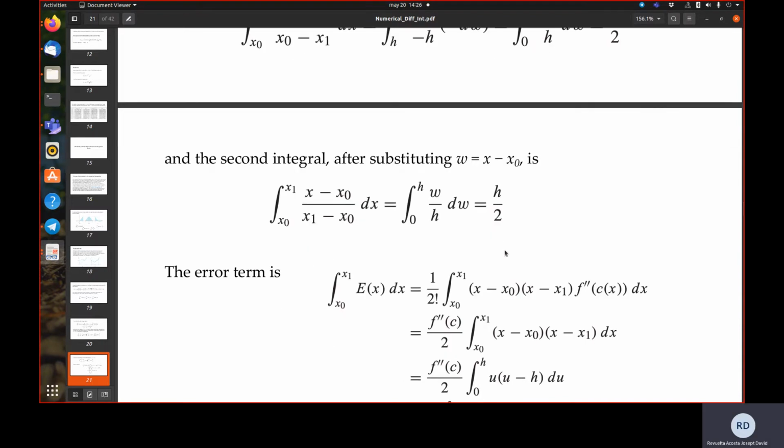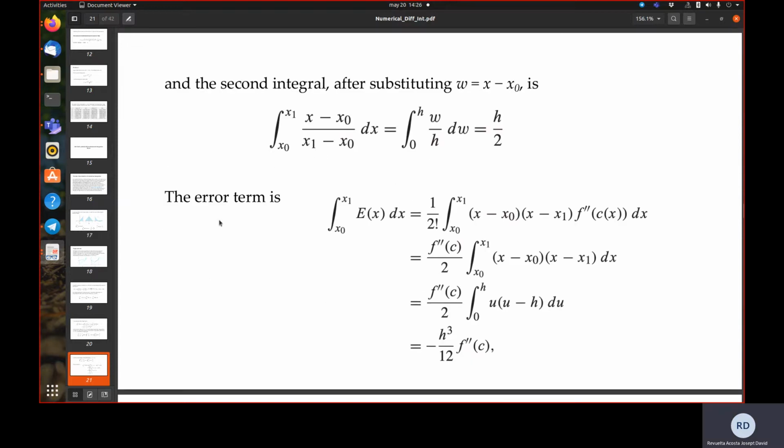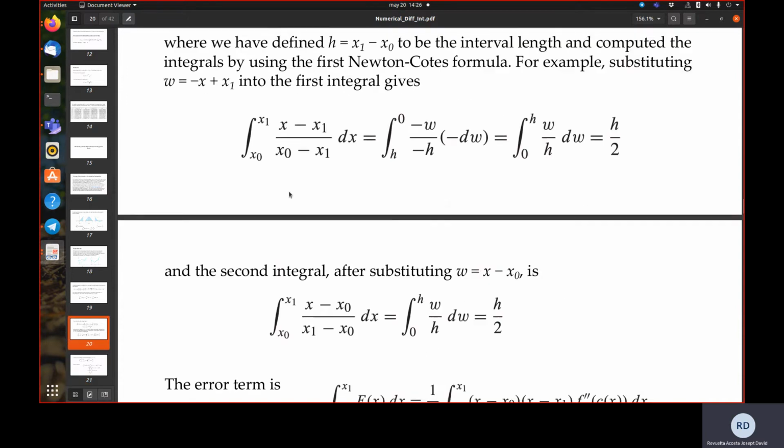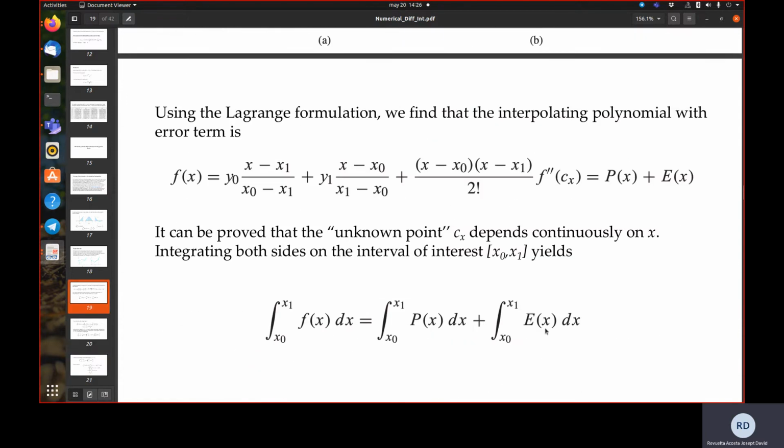Okay, so in general, we already developed the integration of p(x), but we need to develop the integration of the error term.